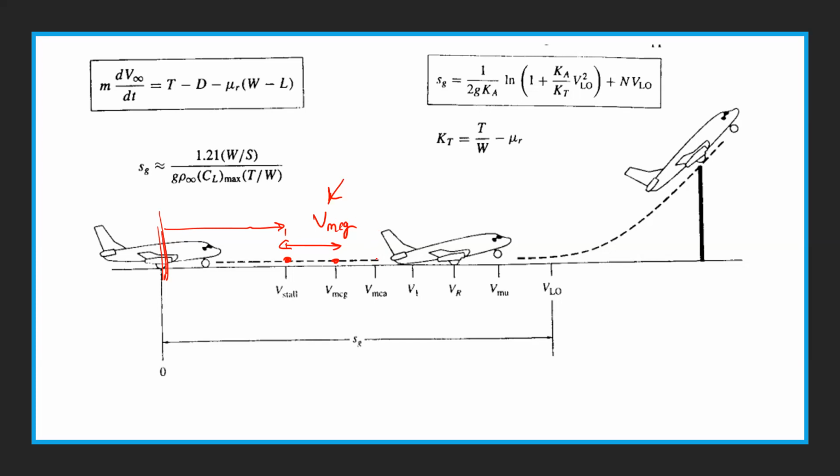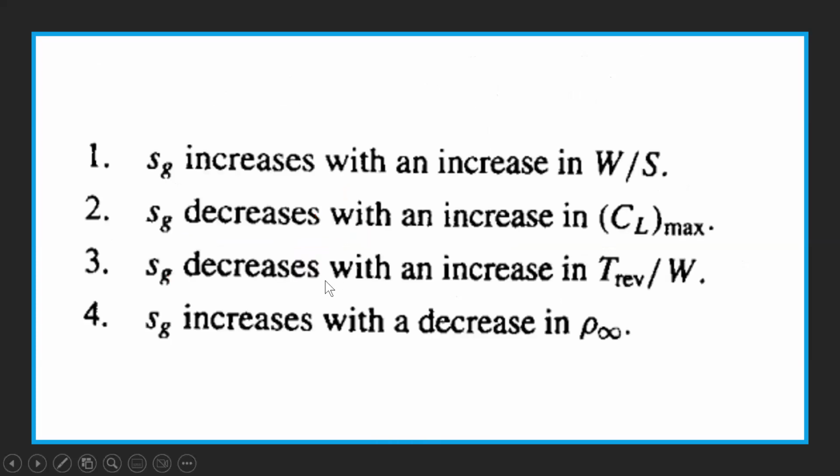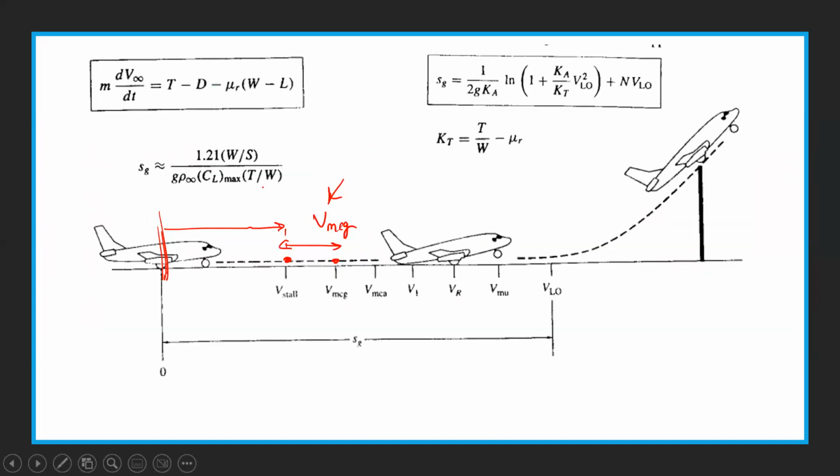And how about VMCA? Minimum control speed in air, for airborne. Yeah, very good. The aircraft is airborne. So this number is just for reference here because the aircraft is still on the ground, so it doesn't have real value.